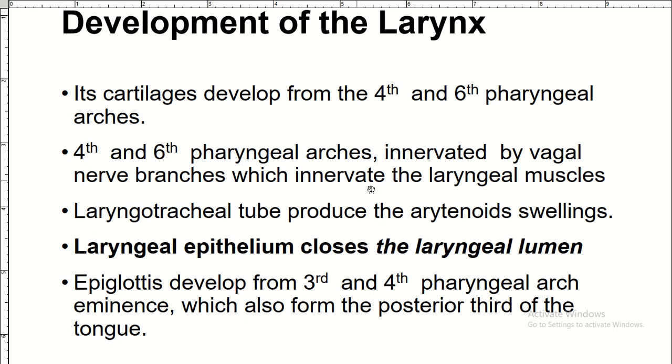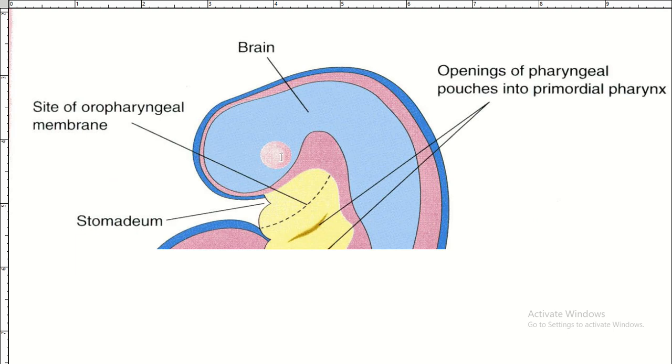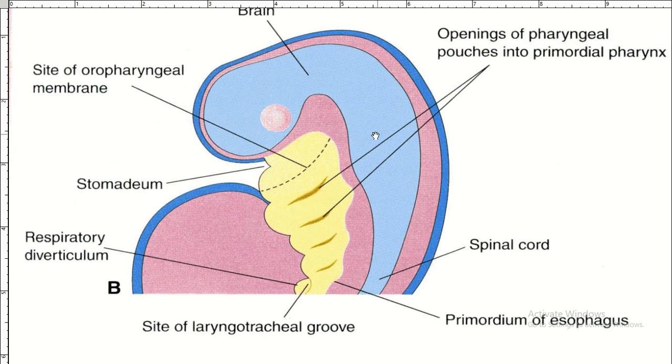So what is important here: the larynx originates from the fourth and the sixth pharyngeal arcs, while the epiglottis develops from the third and fourth pharyngeal arcs. Very important, right? So these are the pharyngeal arcs. You can see this is a pharyngeal pouch with your pharyngeal arcs. So the fourth and the sixth form your larynx.